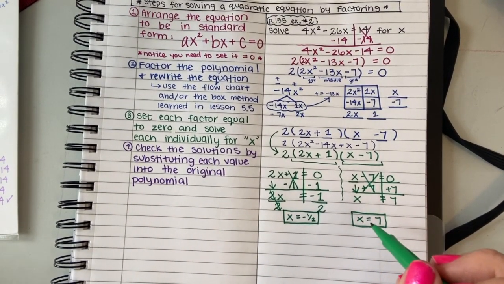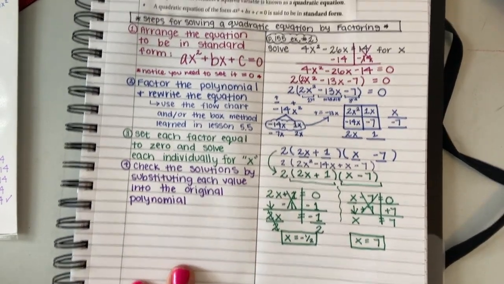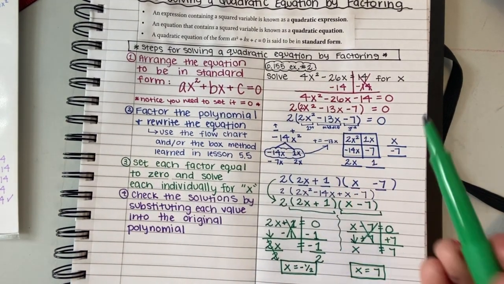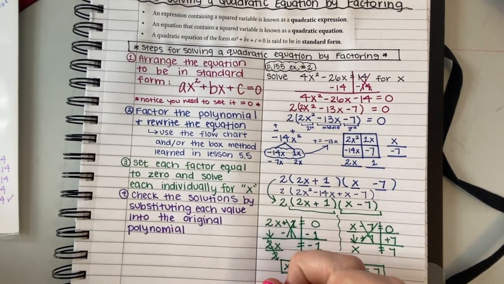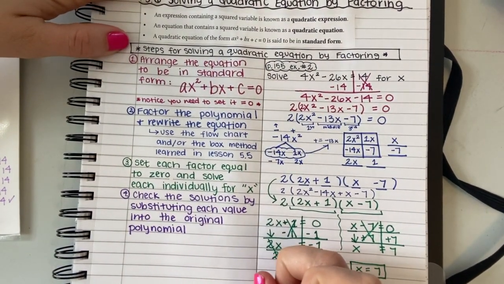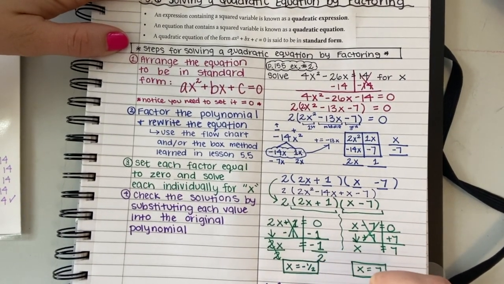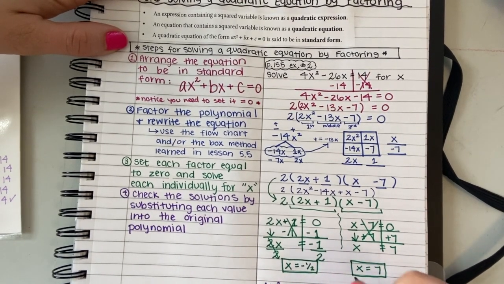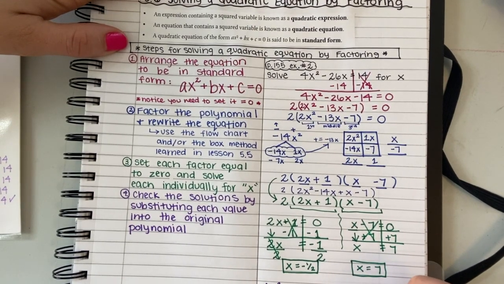In order to check if I'm correct, I can plug these values into my original polynomial to ensure my answer is correct. So my original polynomial is 4x squared minus 26x equals 14. And I'm going to write that twice because I'm going to check both of these answers. 4x squared minus 26x equals 14.